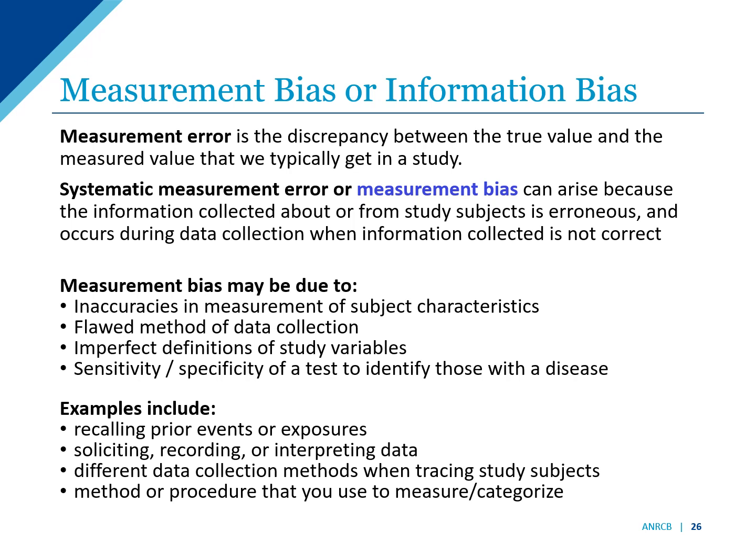Measurement bias could be due to inaccuracies in measurement of subject characteristics, a flawed method of data collection or test, when your study variables are not well defined, the sensitivity or specificity of a test, and may include examples like recalling prior events or exposures, recording or interpreting data, using different data collection methods, and the method or procedure that you use to categorize the exposure and outcome status.